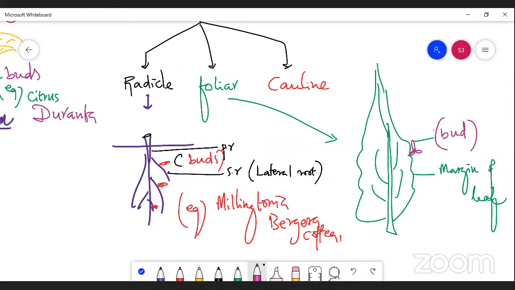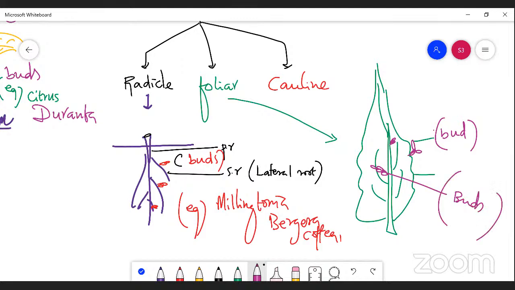The bud which arises from the margin of the leaf, or the middle portion or central part of the leaf or vein portion, is called a foliar bud. The buds may originate from the middle portion. This is also a bud.